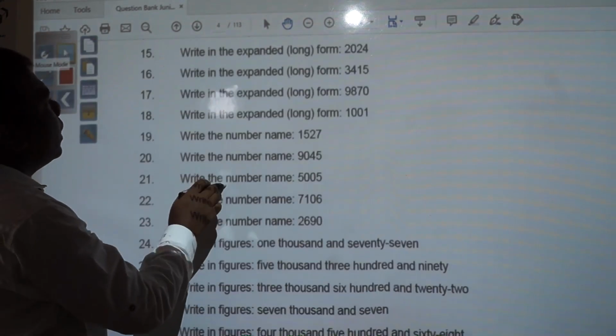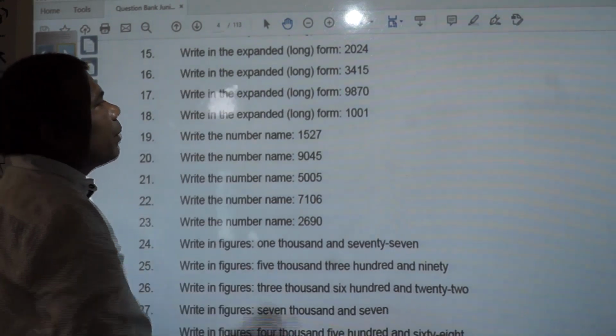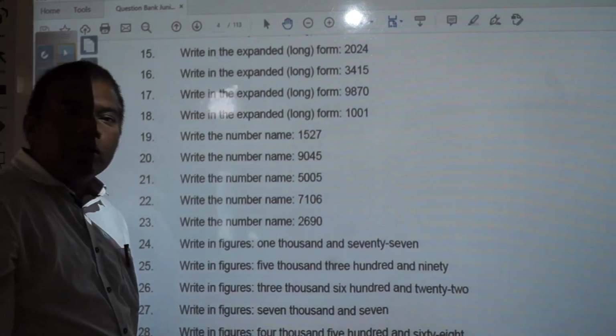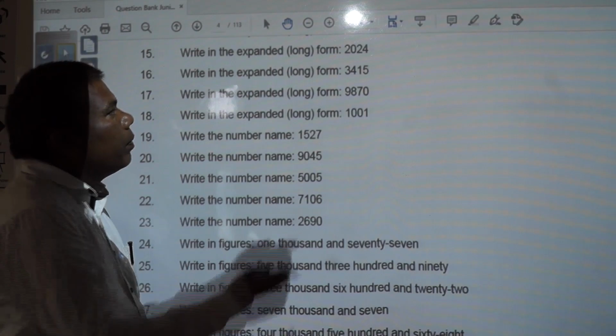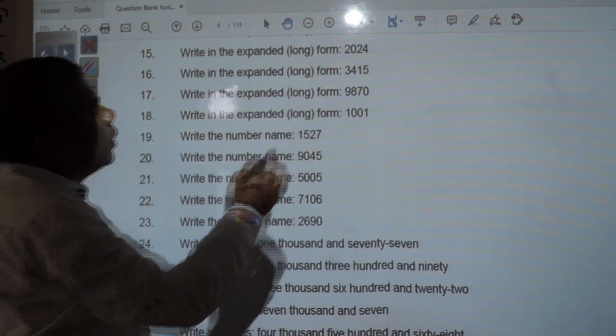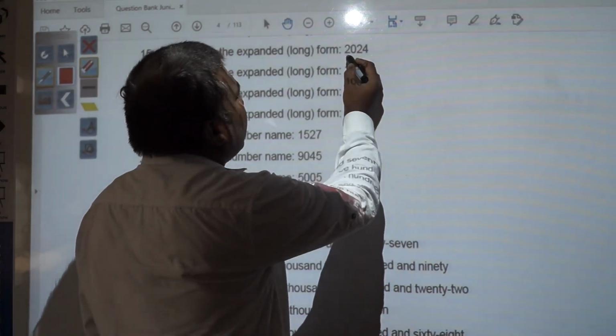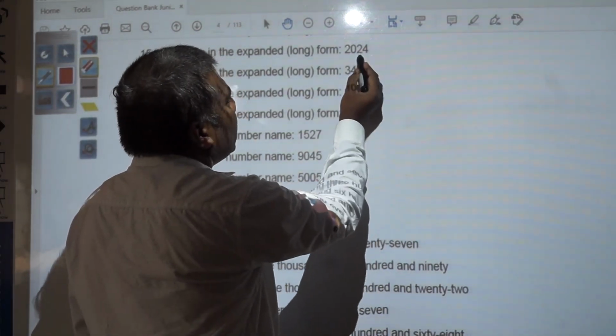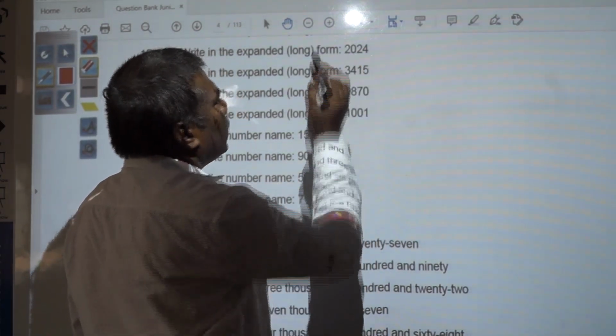Now you see how you write in expanded form, or this is also called long form. So how will we write? This is also very easy. See, this is ones, tens, hundreds, thousands.